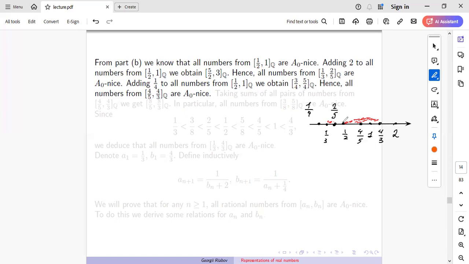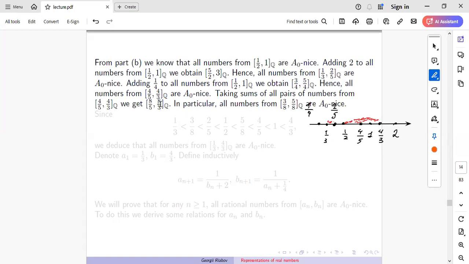However, we have a small gap here from 2 over 5 to 1/2. However, let's take the segment from 4 over 5 to 4 over 3 and take all possible sums of these rational numbers.